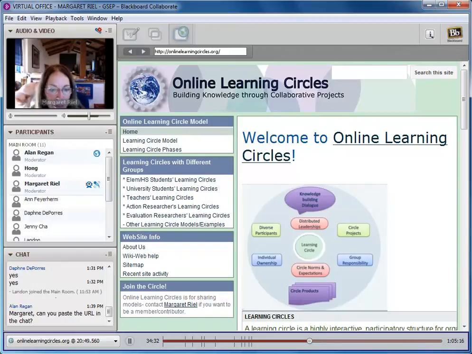They work together in circles, so they begin the process. I'm scrolling down. And they have a special forum where the discussion takes place, and they also use Skype, which is voice over the internet.